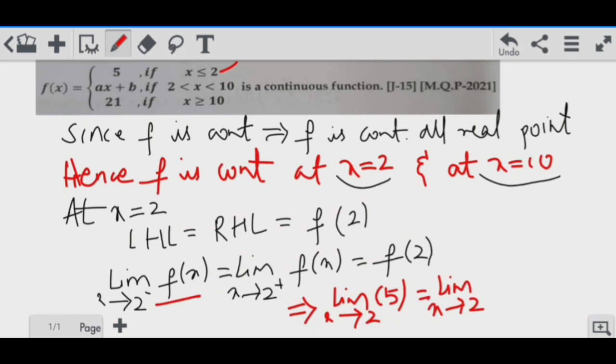Greater than 2 branch is the second branch, that is ax plus b. And exactly equal to 2, again it will be the first branch. There the value of the function is 5.